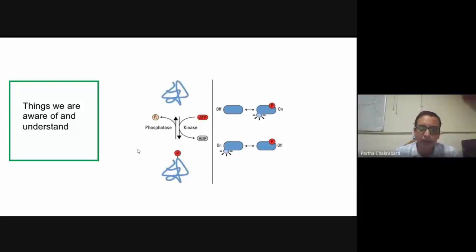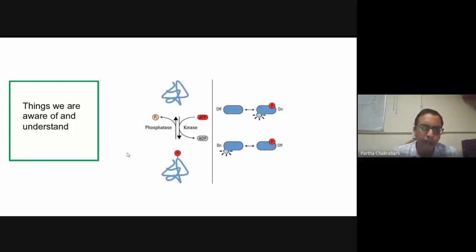So if we study signaling pathways anywhere, whether it's the plant world or the animal world, we'll see proteins often get phosphorylated, right? So phosphorylation is mediated by kinases, and the opposite one is dephosphorylation, which is mediated by phosphatase, another set of enzymes, right?